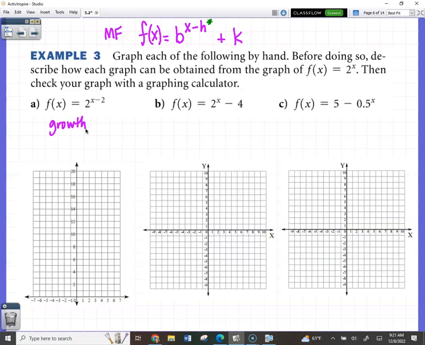If it's next to the x, what direction does the x-axis run? Left and right. So this is telling you this is a right or left movement. Now, to figure out which direction you're going, it's backwards. I see minus 2, that would make me think left 2, it's actually right 2.